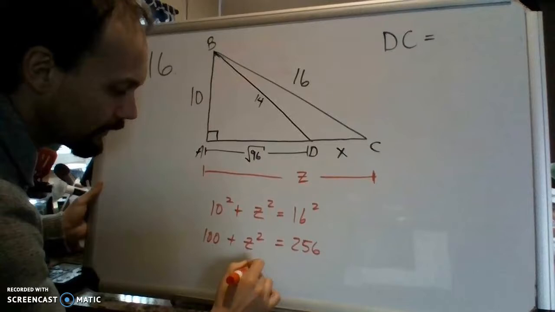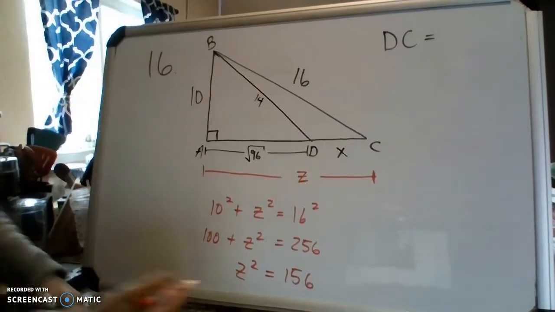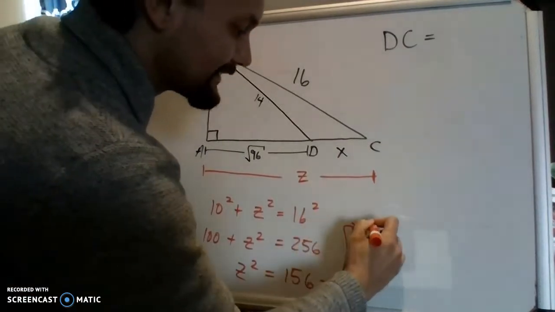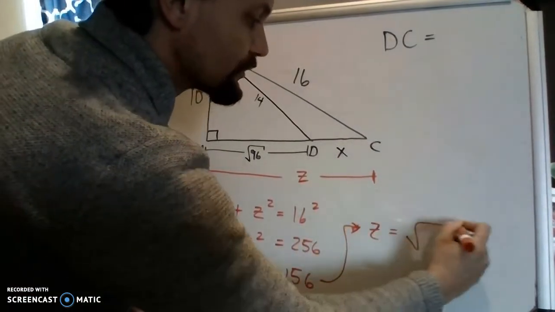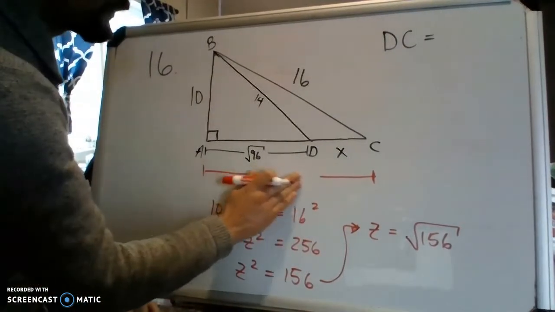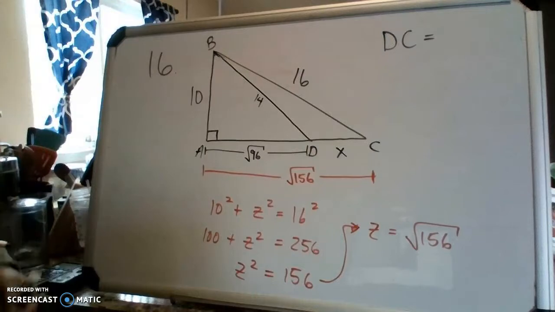Get Z squared alone by subtracting the 100 over. And finally, if Z squared is 156, then Z itself is the square root of 156. So now we know the length of AC is the square root of 156.